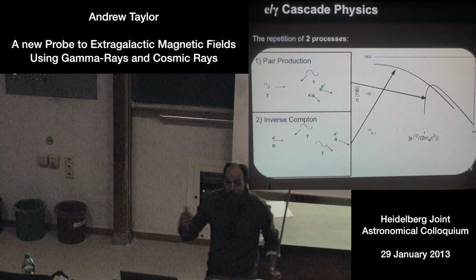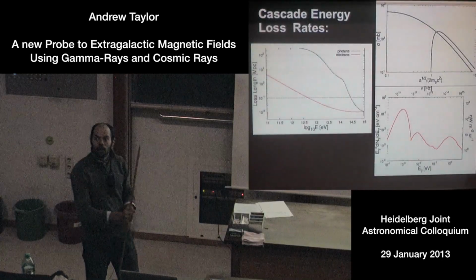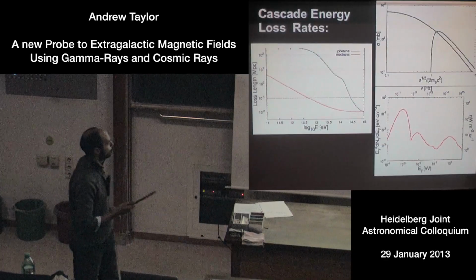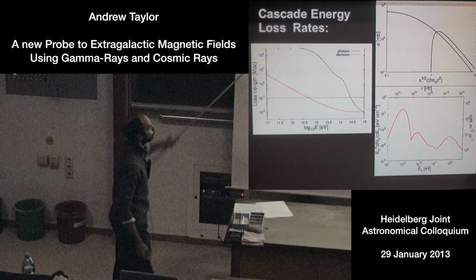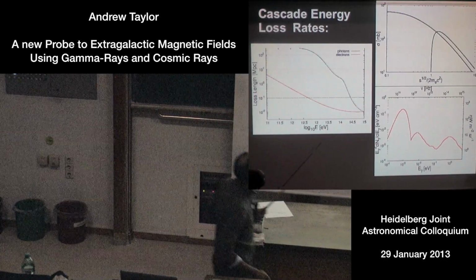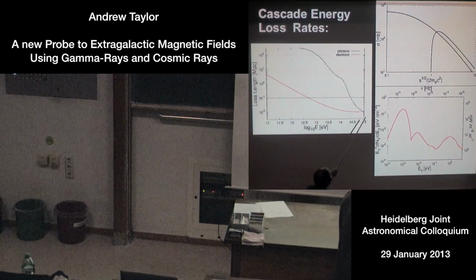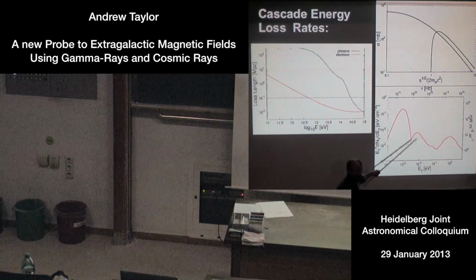Okay, so like before, if we're going to apply the theory of cascades to the observations of high energy blazars, we're going to need to understand these loss lengths here. Again, like before, I'm going to calculate these loss lengths as a function of energy. I need to convolve my cross-sections with my target photons.